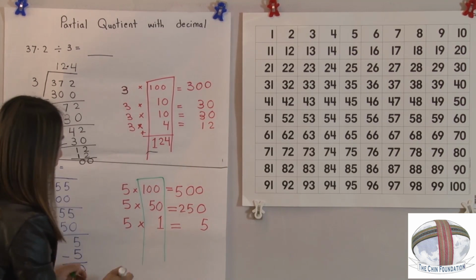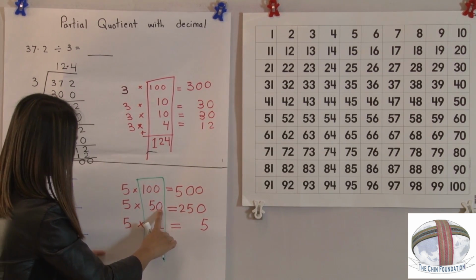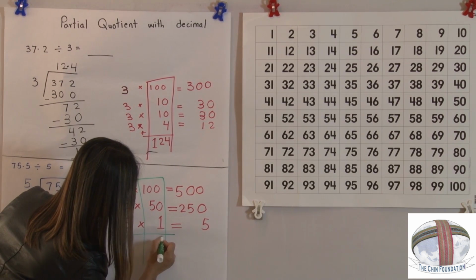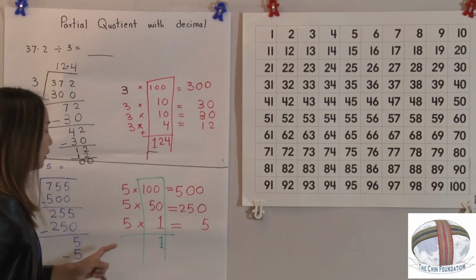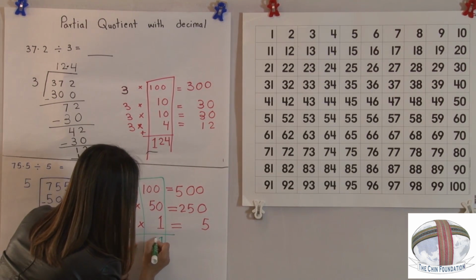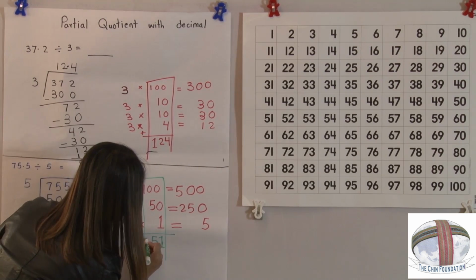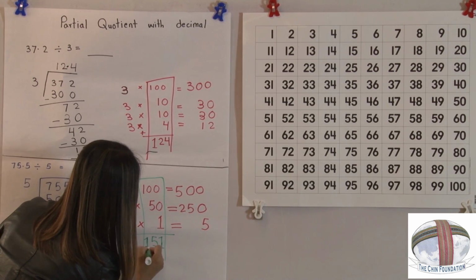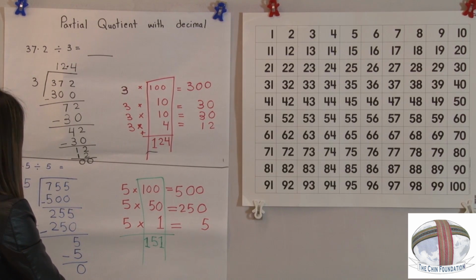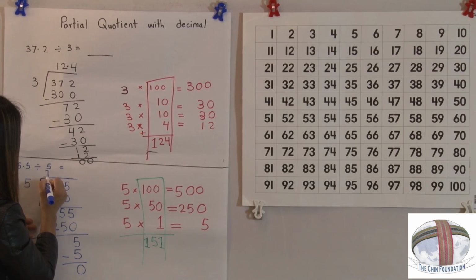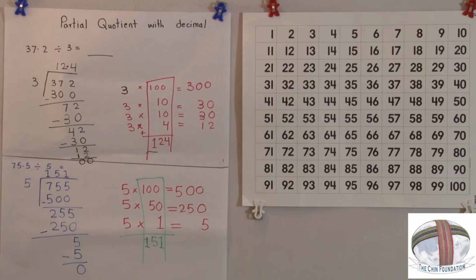Okay, let's add. 0 plus 0 is 0. 0 plus 1 is 1. Okay. 0 plus 5 is 5. Okay, 1 plus nothing is 1. So which is 151. Are we done?